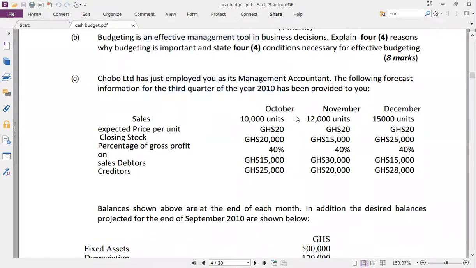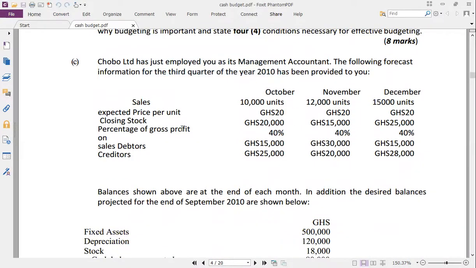So taking it again, sales units are there. That's 10,000, 12,000, and 15,000. Expected price per unit, that's the selling price, is there. Closing stock is also there.